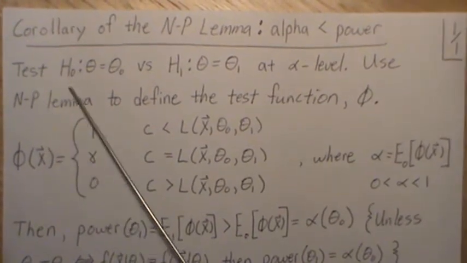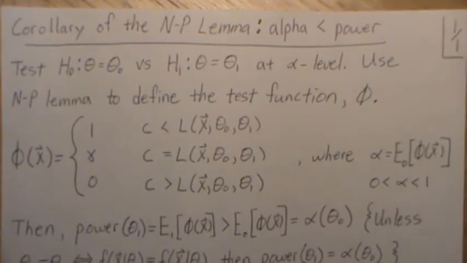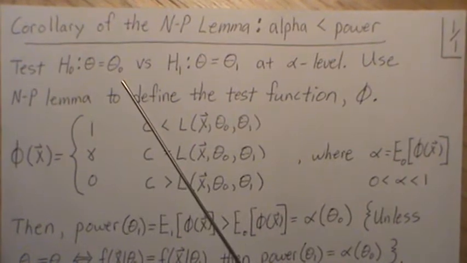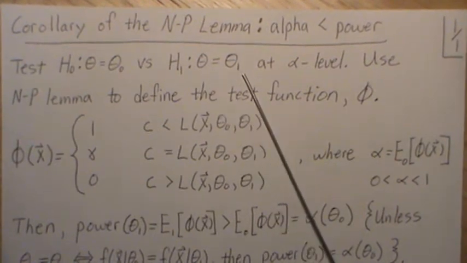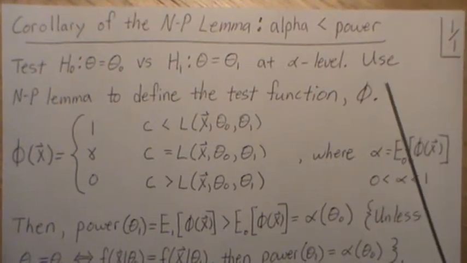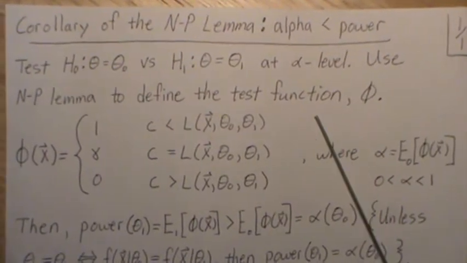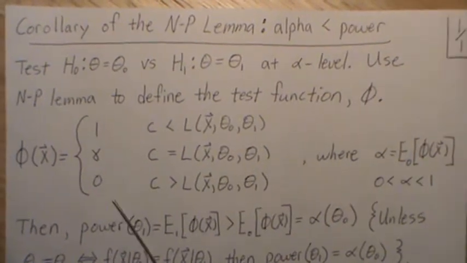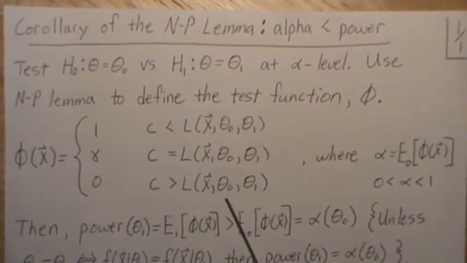So the situation is, it's a simple versus simple hypothesis test, and we're going to test is theta equal to theta naught versus is theta equal to theta 1. We're going to test it at the alpha level, and we're going to use the Neyman-Pearson Lemma to define the test function phi, which is this function here.